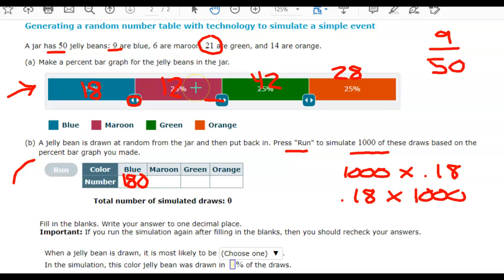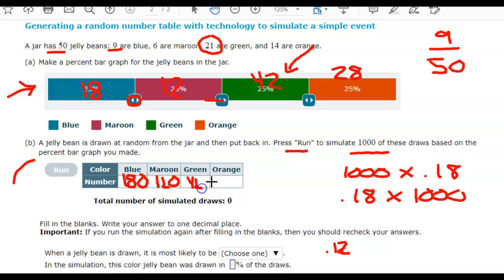So we'll do 0.12 times 1,000, and that's going to give me 120. Let's go ahead and do 0.42 times 1,000, that's going to give me 420.